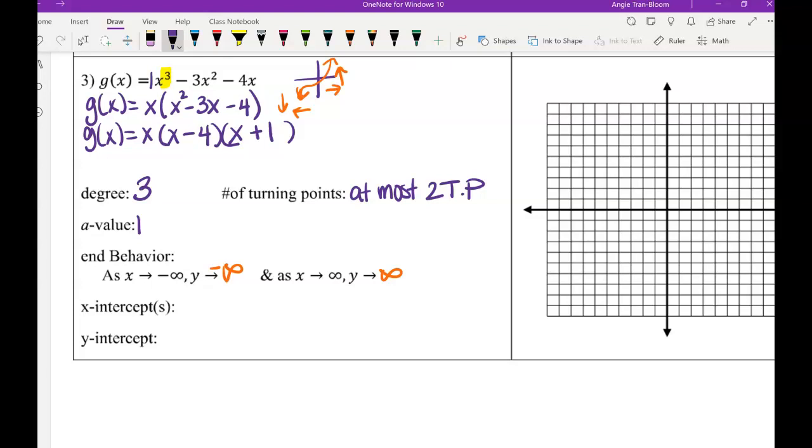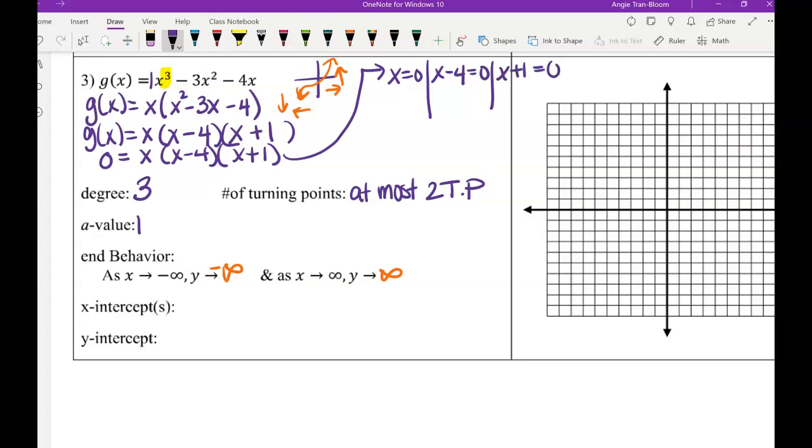Then from here, we take g of x and set it equal to 0, because when we are solving for the x-intercepts, that means take each factor and set it equal to 0. So first, x equals 0, x minus 4 equals 0, then x plus 1 equals 0. Then x equals 0, that's 1 x-intercept.